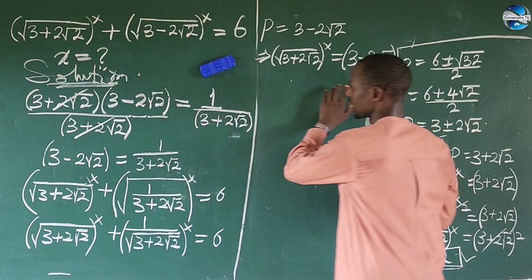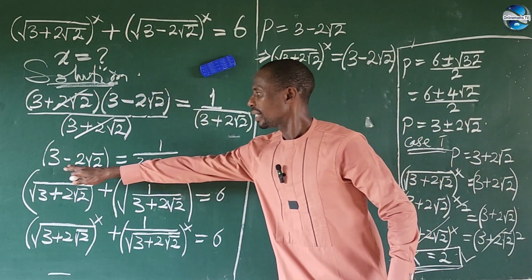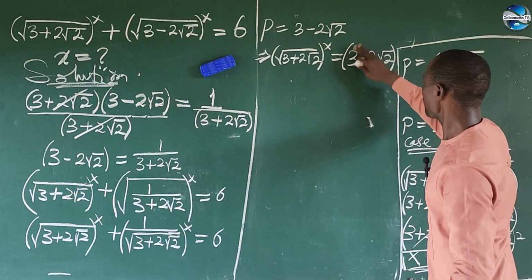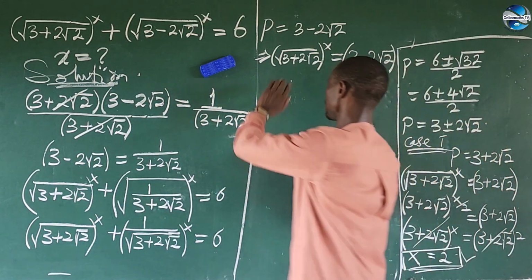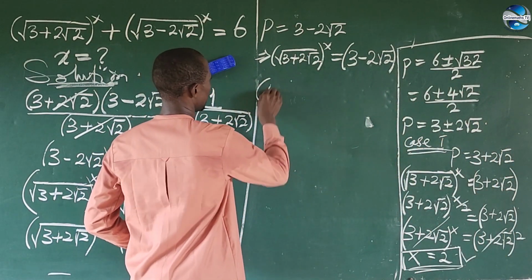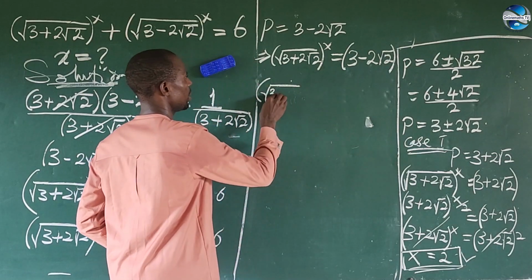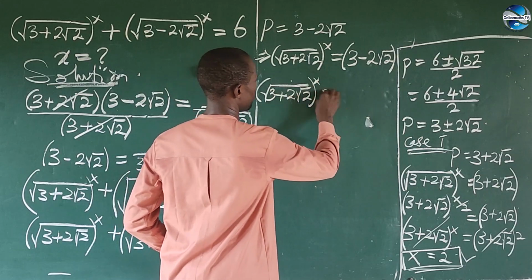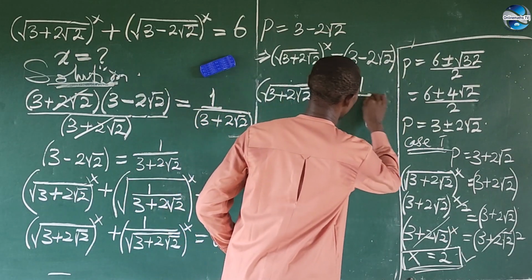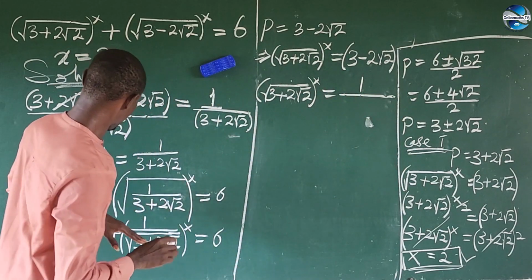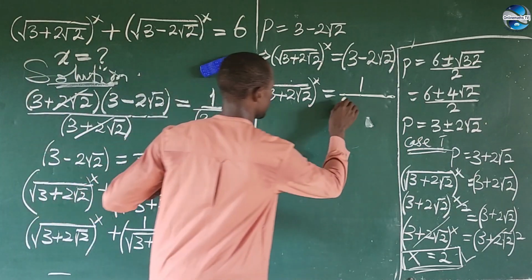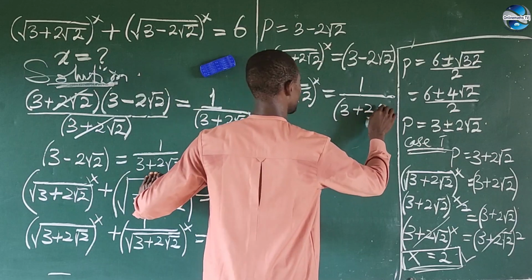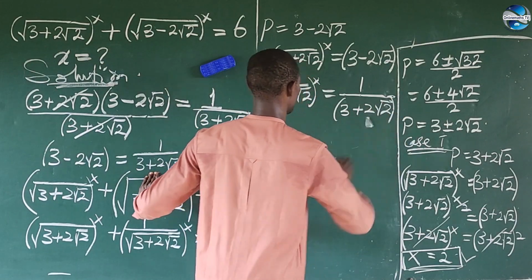How do we manipulate this? Recall when we made this the subject of the formula? Look at what we have here. So we can rewrite this side of the expression. This will now give us bracket square root of 3 plus 2 root 2, to the power of x, is equal to 1 all over what we have here, bracket 3 plus 2 times the square root of 2, close bracket.